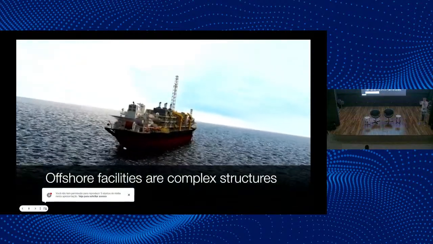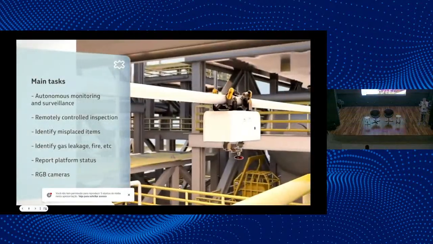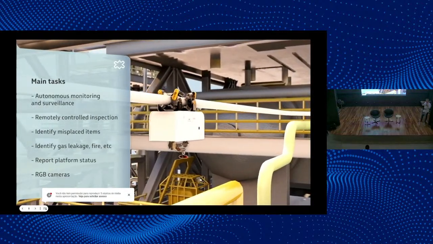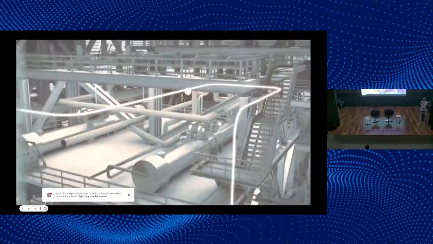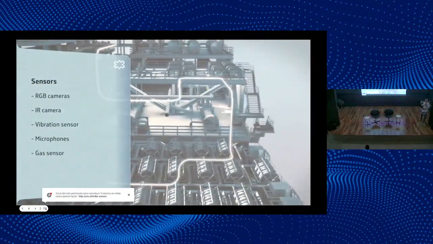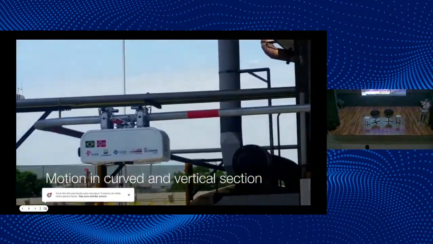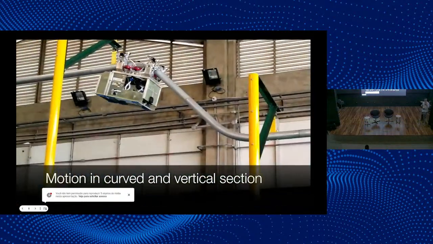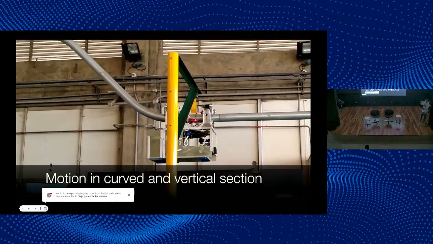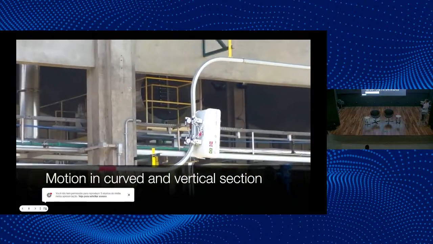And you can see what the robot is carrying. The idea is to go around the platform, take images of everything in place, and then in a second round, the robot detects some anomaly. Maybe an anomaly in a device, or just an operator who has left a tool or a bag in the system.